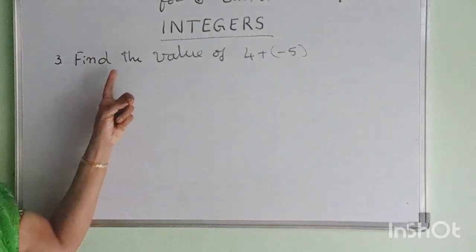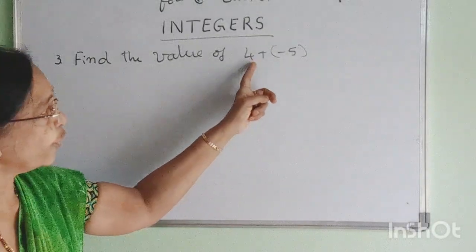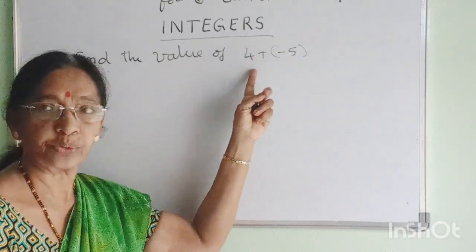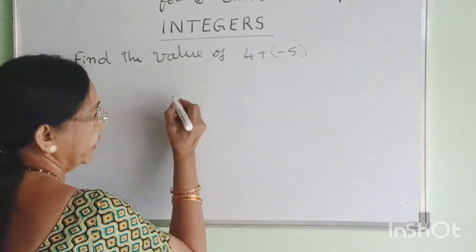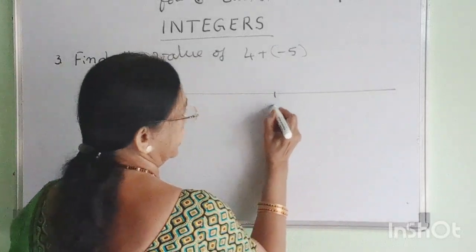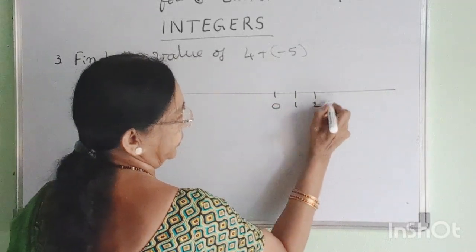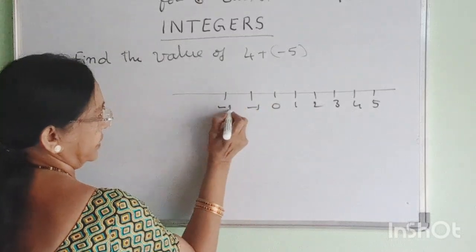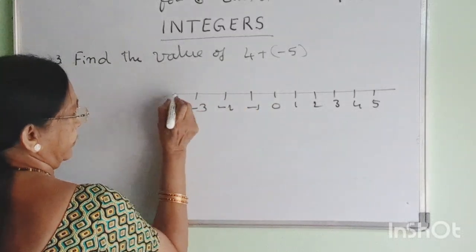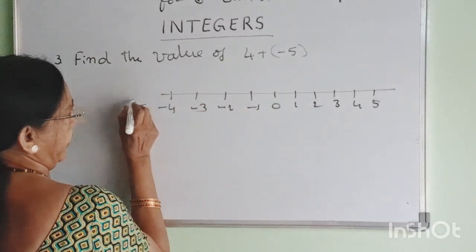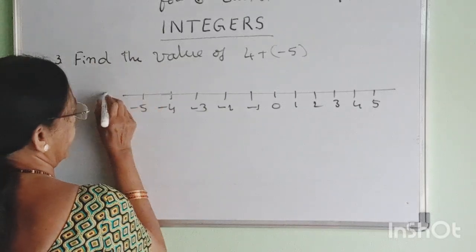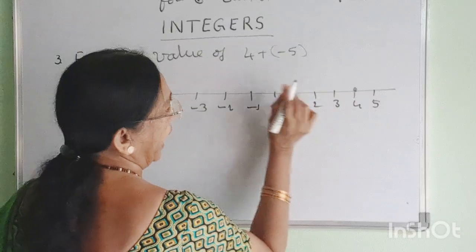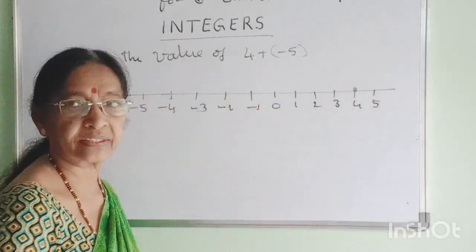Next example, find the value of 4 plus minus 5, adding a negative integer to an integer. So we will take the number line 0, 1, 2, 3, 4, 5, minus 1, minus 2, minus 3, minus 4, minus 5, etc. Here the integer 4 is taken and minus 5 is added.